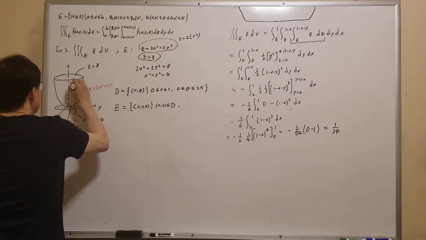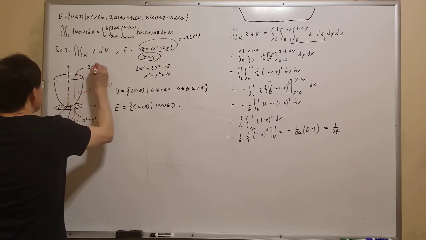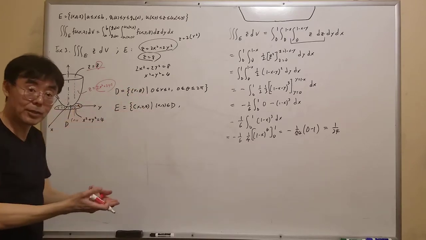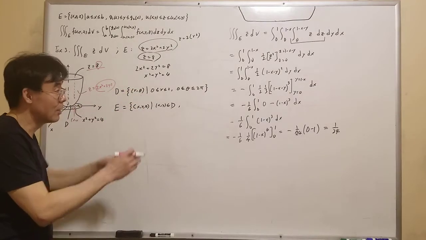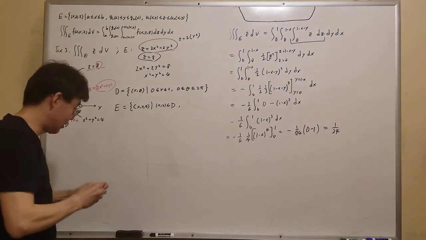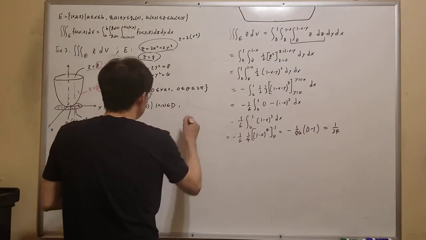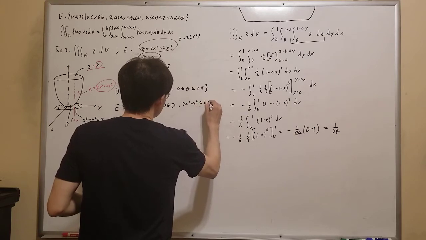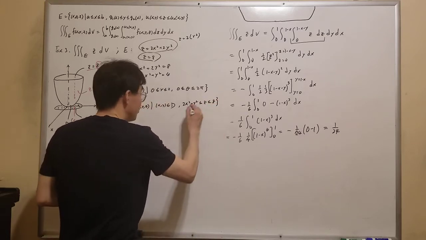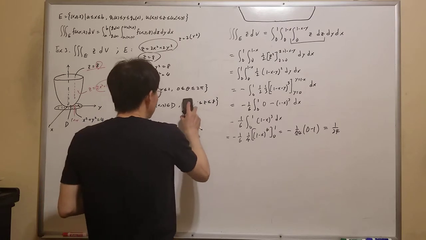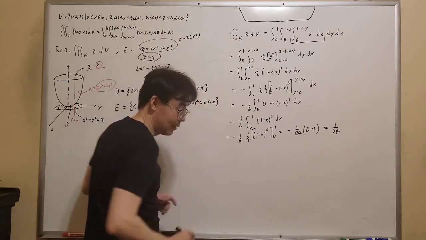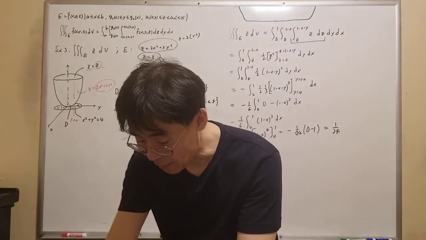And then through this one, we go out. This is your lower surface of the region. This is the upper surface. So z runs from 2x squared plus 2y squared through 8. Okay?